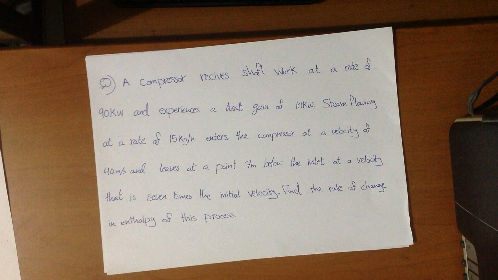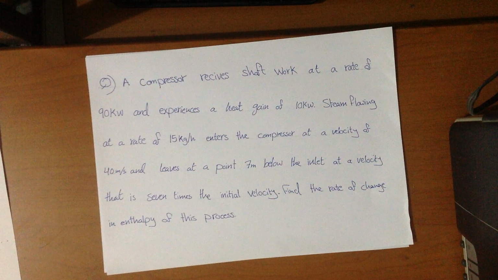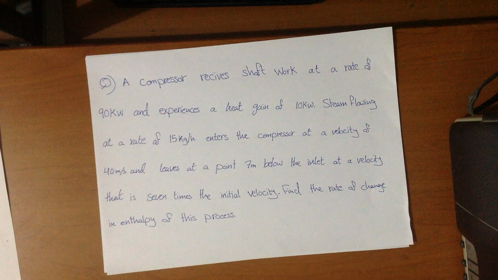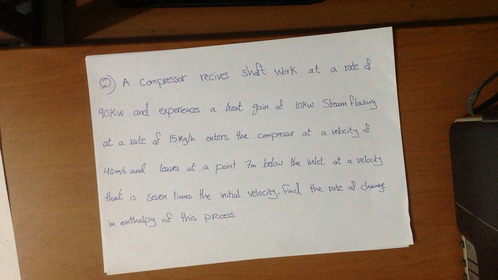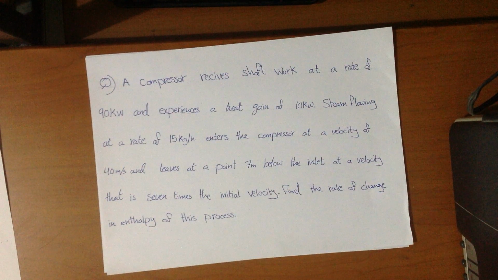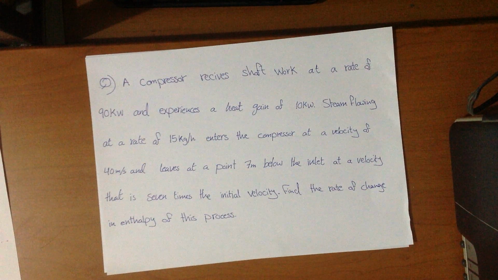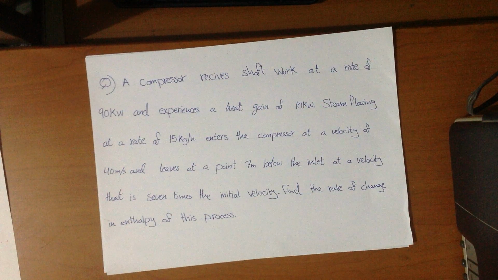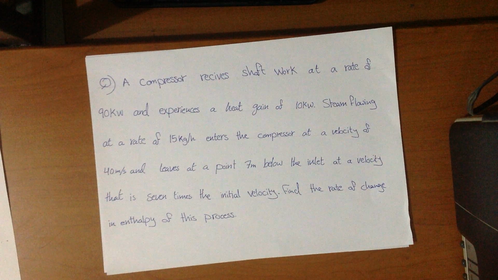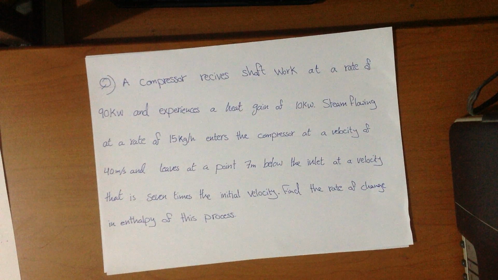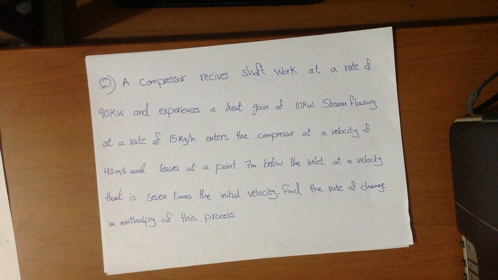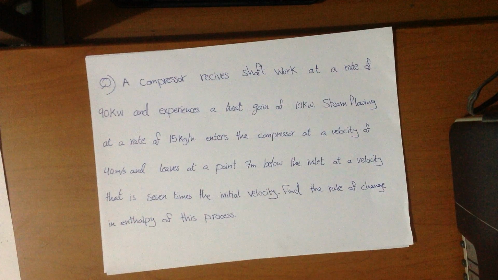The steam flowing at a rate of 15 kilogram per second enters the compressor at a velocity of 40 meter per second and leaves 0.7 meter below the inlet at a velocity that is 7 times the initial velocity. He needs to find out the rate of change in the enthalpy of this process.